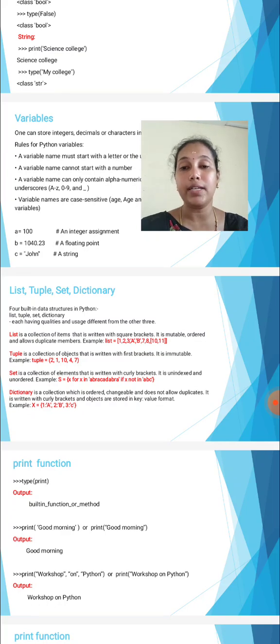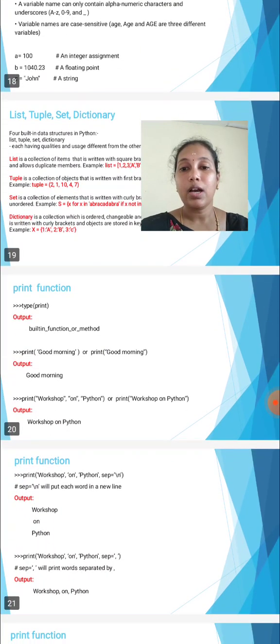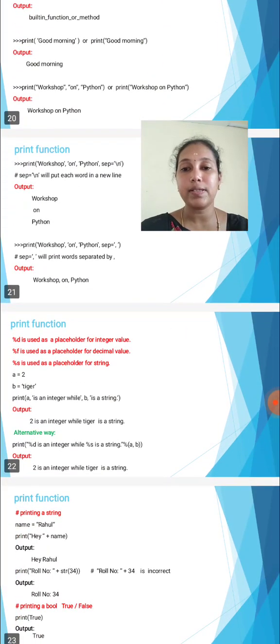The third one is set. A set is a collection of elements that is written with curly brackets. It is unindexed and unordered. And the fourth one is dictionary. A dictionary is a collection which is ordered, changeable and does not allow duplicates. It is written with curly brackets and objects are stored in key-value pairs. And these are the examples for print functions.